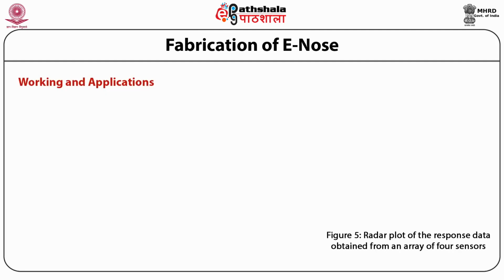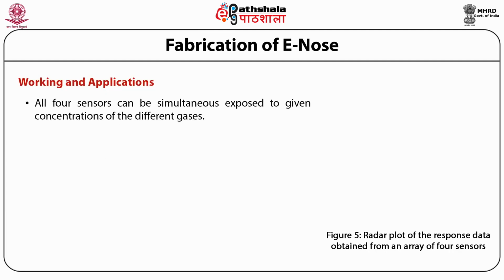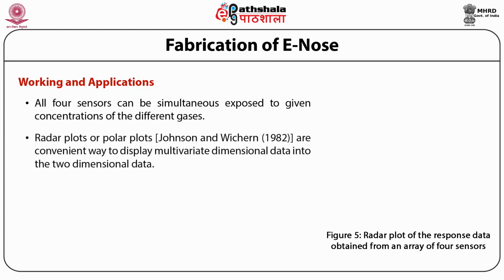Working and applications. All 4 sensors can be simultaneously exposed to given concentrations of different gases. The response of each sensor for a particular gas can be plotted on a single graph, giving some pattern as shown in this figure. Radar plots or polar plots are a convenient way to display multivariate data in 2-dimensional form.